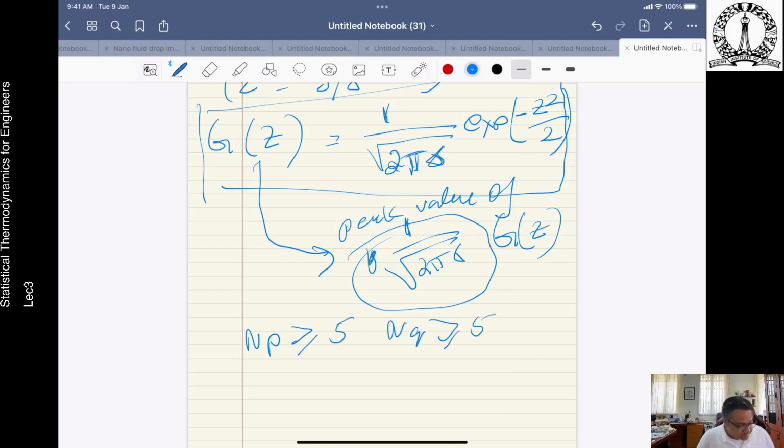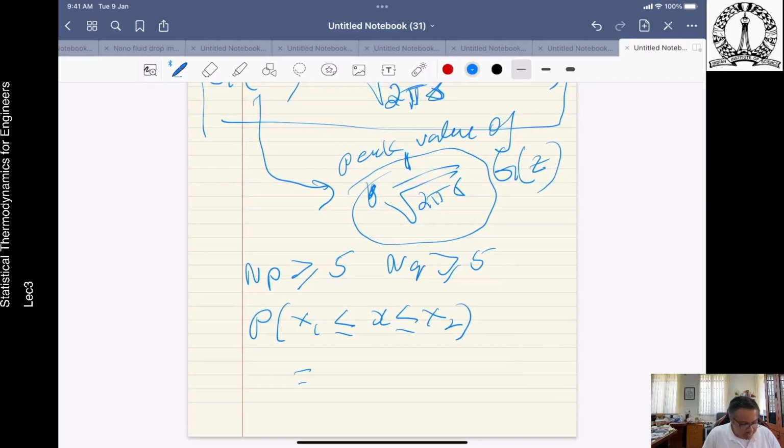So the Gaussian distribution gives the probability for a specified range of variables. Say, if your x is between these two limits, it is essentially integrating the Gaussian distribution over the two limits. Right. So that is what the Gaussian distribution is all about, and this is how we get the Gaussian statistics as well.